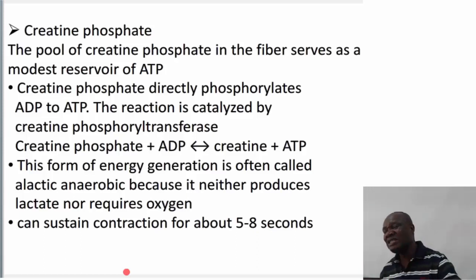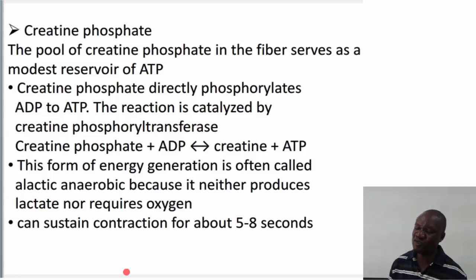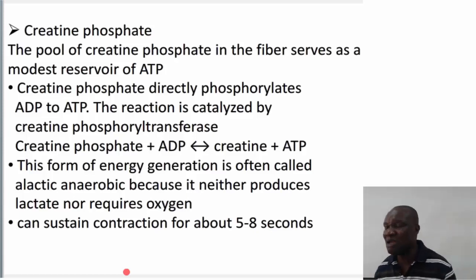Let's look at creatine phosphate. It's the ready source of energy in the muscle. Now, creatine phosphate will directly phosphorylate ADP. The interaction between creatine phosphate and ADP is catalyzed by the enzyme creatine phosphotransferase.